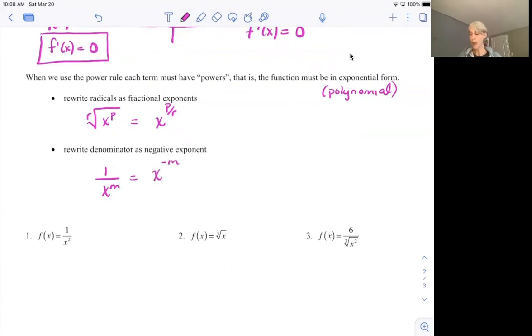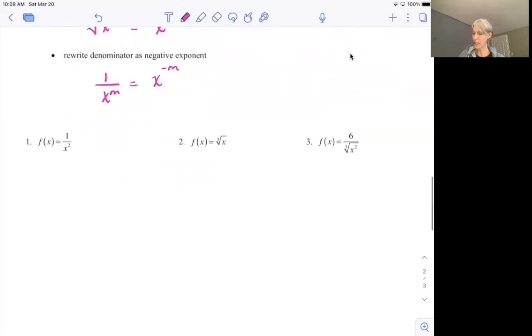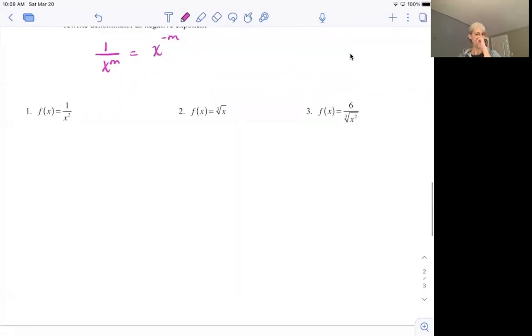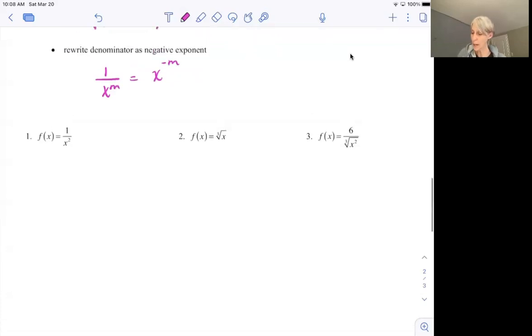So let's just do a couple of quick examples here, and then we'll do some longer, more complicated things in just a minute. So if f of x equals 1 over x squared, with these problems, you're always going to rewrite in the proper form. So before we can take the derivative, we have to rewrite the original function. So 1 over x squared is just x to the negative 2.